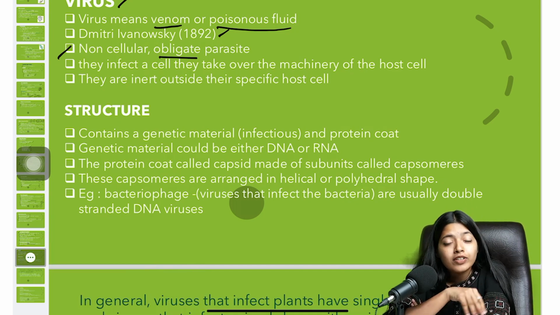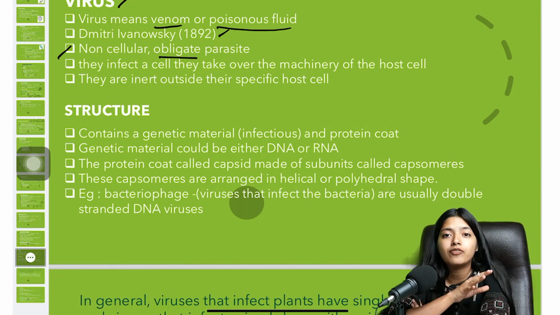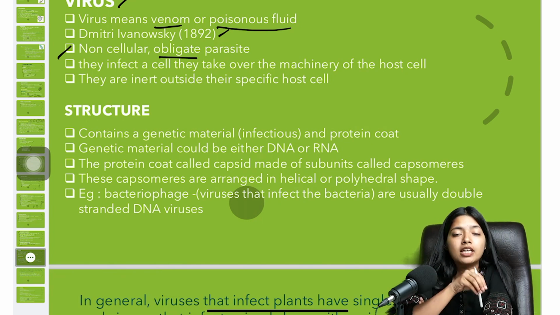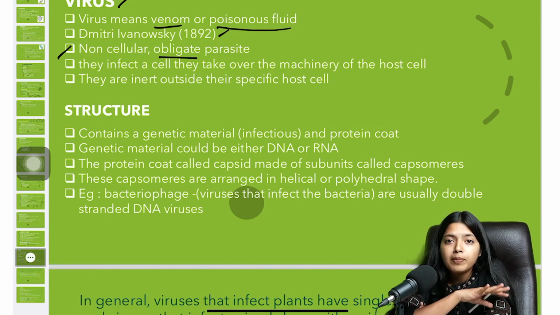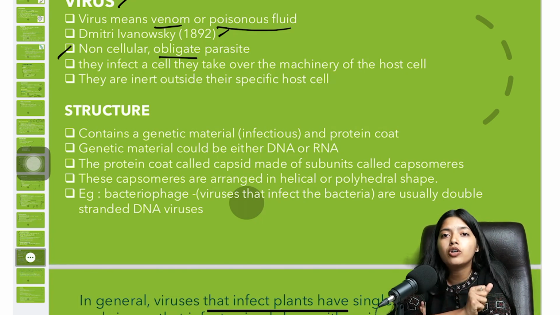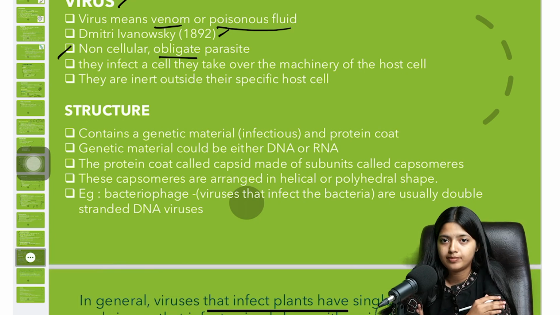In a cell, everything is determined by the nucleus. Nucleus is the brain of a cell. Nucleus determines everything. So what will the virus do? It will incorporate its genetic material into the genetic material of the host. So now the complete cell is under the control of this virus. That's how viruses infect. So it will take over the complete machinery of the host cell.